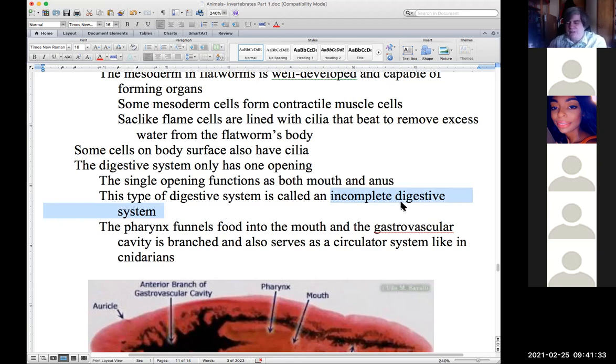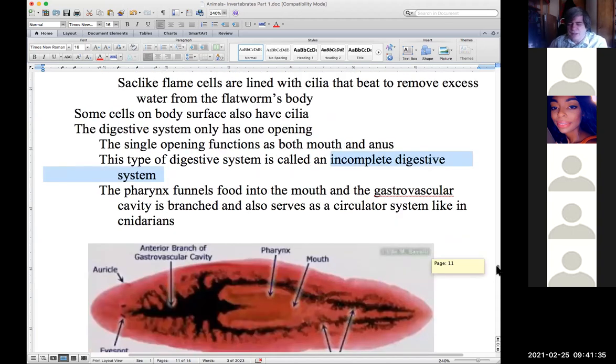Basically here, this digestive system starts with the pharynx. The pharynx is kind of a tube, and down at the end of the tube is the mouth. We can't see it very well from here, but this mouth is, as I said, kind of like the opening on a vacuum cleaner hose.